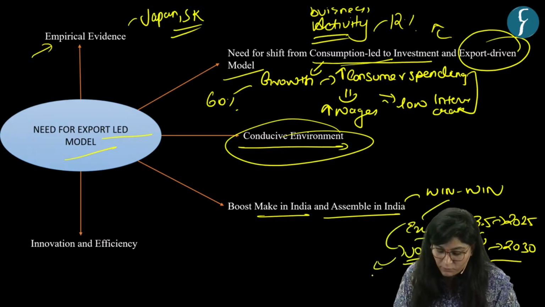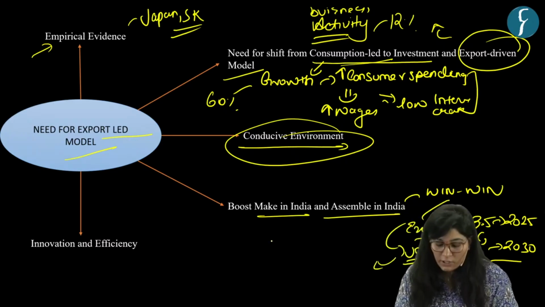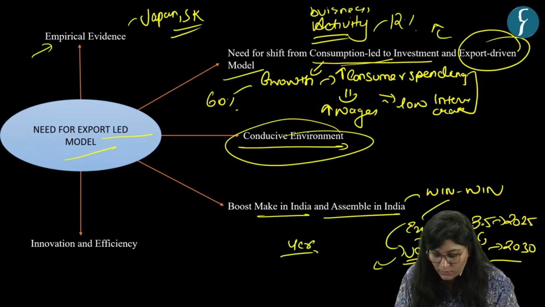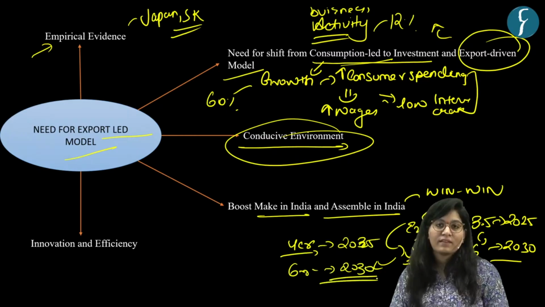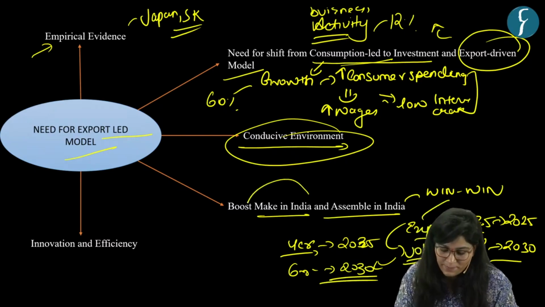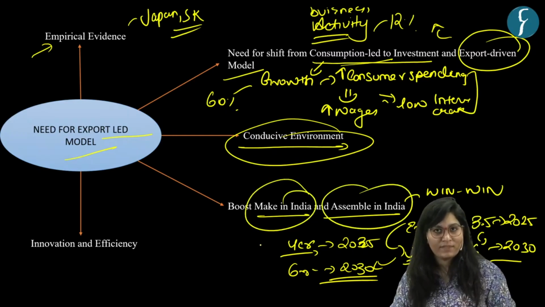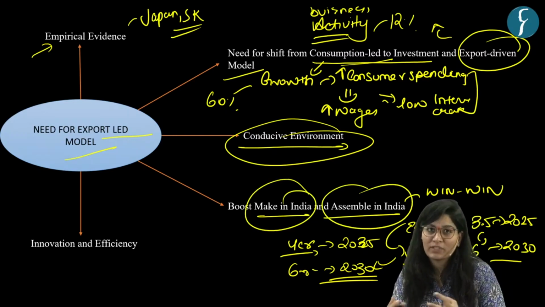And if you talk about job creation, 4 crore jobs will be created in 2025 and 6 crore jobs will be created in 2030, just by integrating these two, that is Make in India and Assemble in India. Okay, that is promoting the export led model.